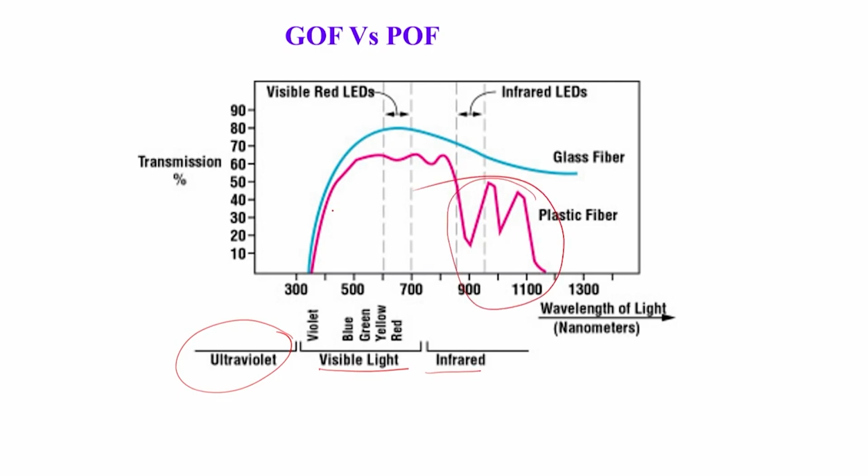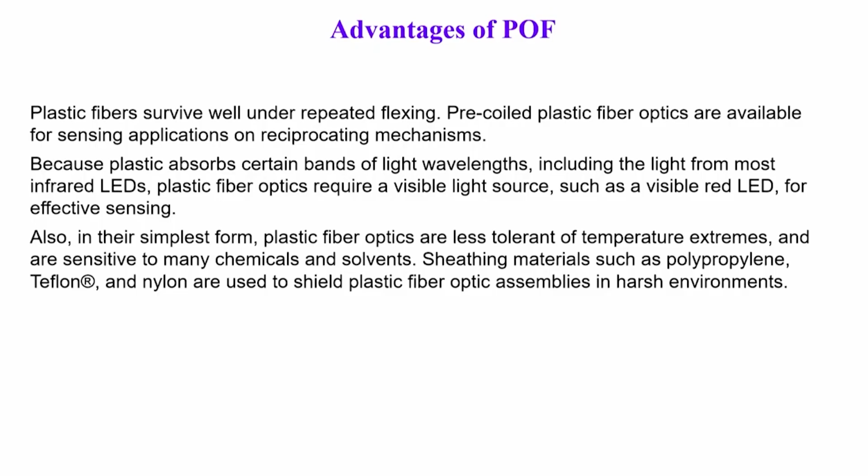Beyond this 900 nanometer region, the plastic fiber's performance drops down, whereas the glass fiber can work even up to the infrared LEDs. So, starting from the red LED to infrared LEDs, and the visible light spectrum also, particularly this region, you will get a glass fiber. So, the glass fiber has a much wider range in comparison to the plastic fiber.